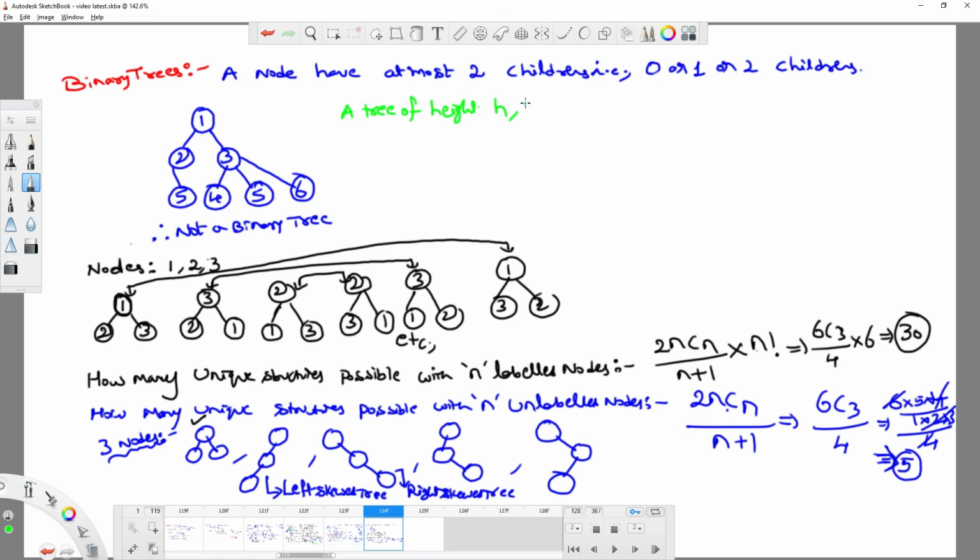Let me say that for a tree of height h, maximum number of nodes fit in the binary tree. Have you understood my question? A tree of height h, how many number of nodes are able to fit in the binary tree?